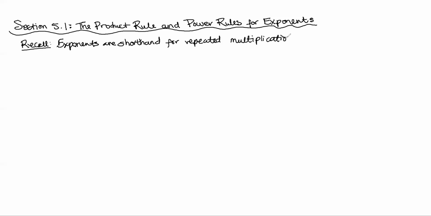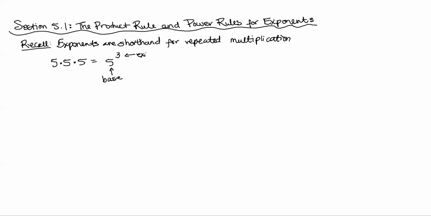Mathematicians came up with these as shortcuts. They don't want to have to write out everything. So using exponents helps us take something like 5 times 5 times 5 and reduce this down into 5 cubed. And knowing the terminology here, the base is the 5 and the 3 is the exponent.